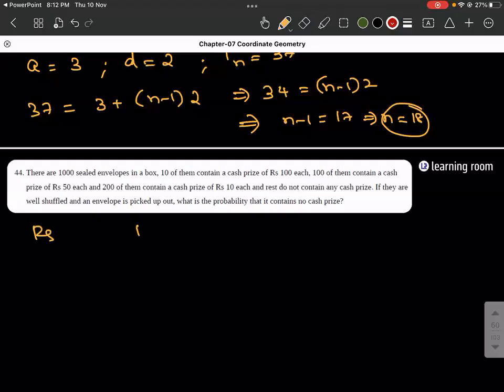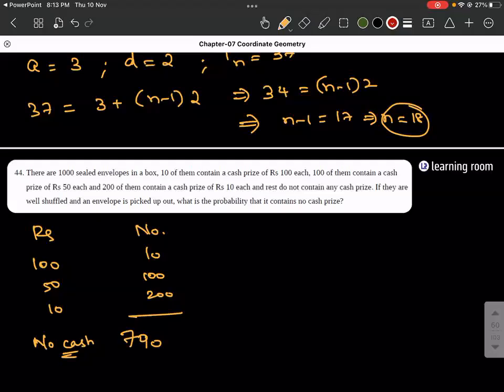So rupees 100, how many envelopes are there? 10. 50 rupees, 100. 10 rupees, 200. Right? So how many are left out? 690, no cash.